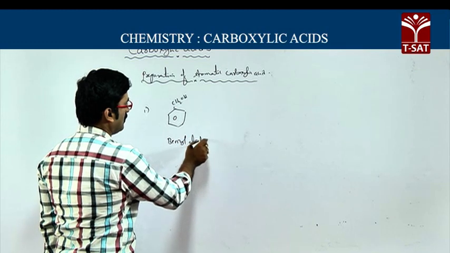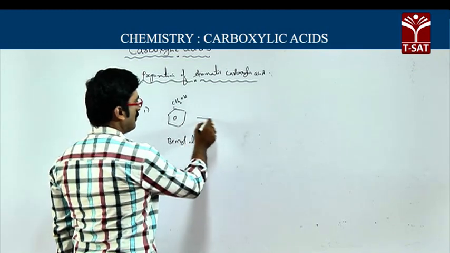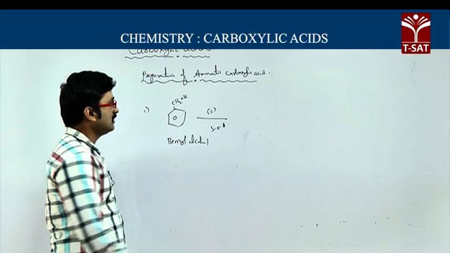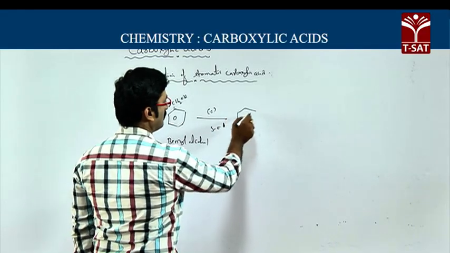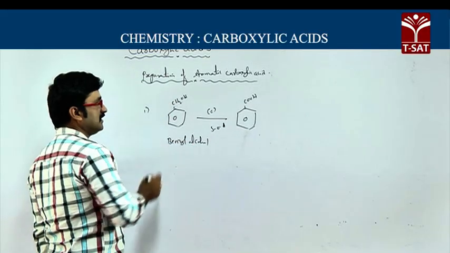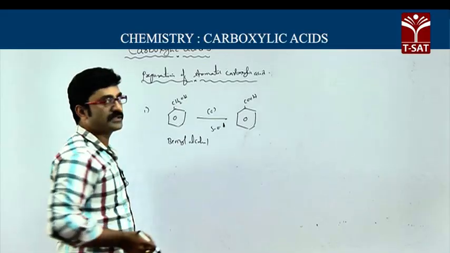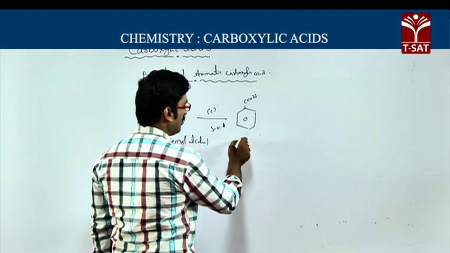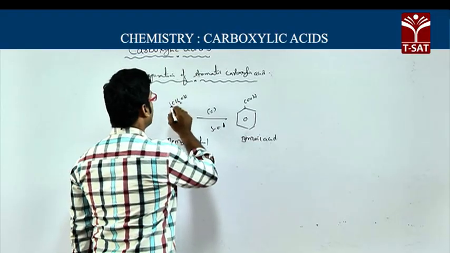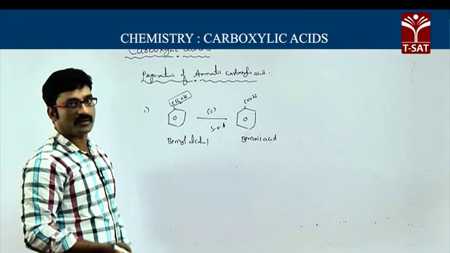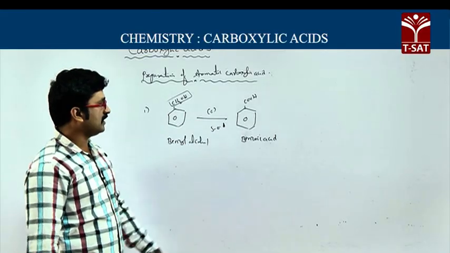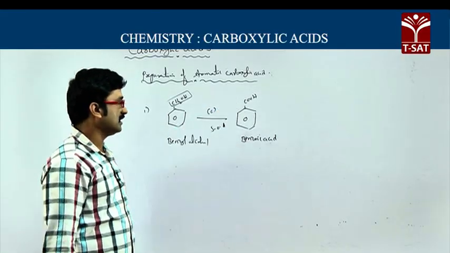This benzyl alcohol on oxidation in the presence of strong oxidizing agents gives benzoic acid. Because this is a primary alcohol, primary alcohols on oxidation in the presence of strong oxidizing agent give carboxylic acids.